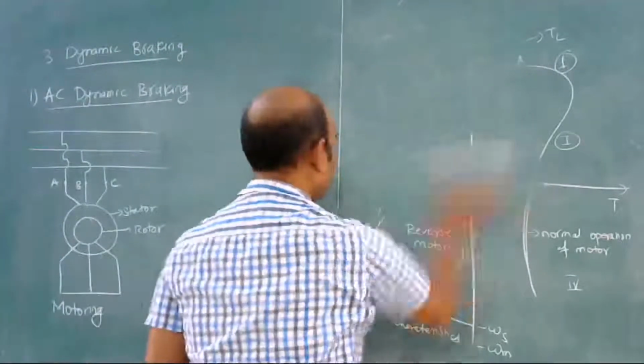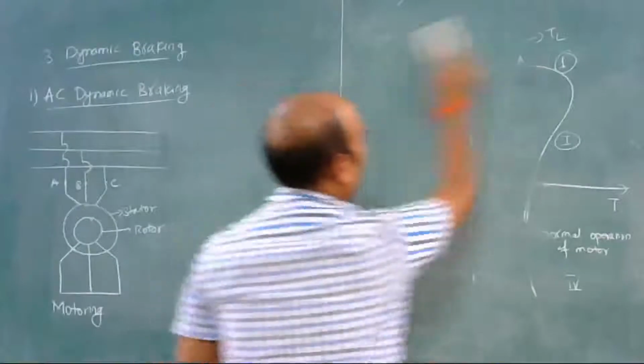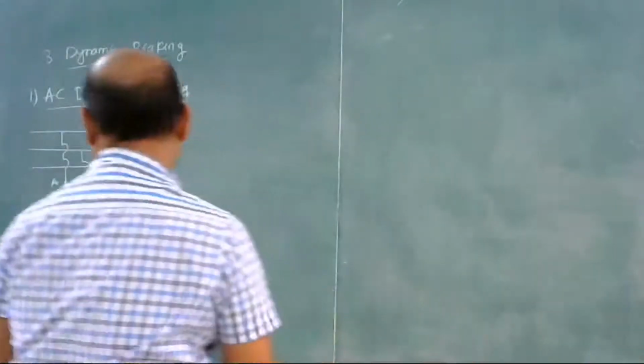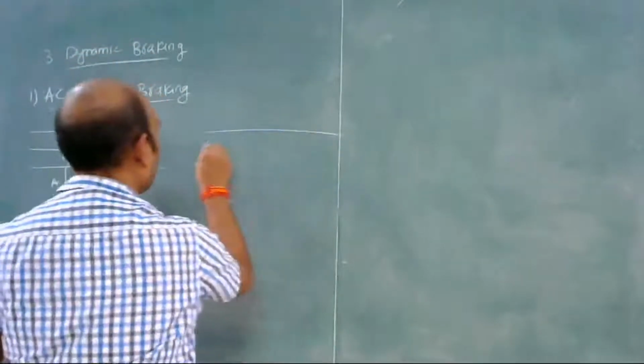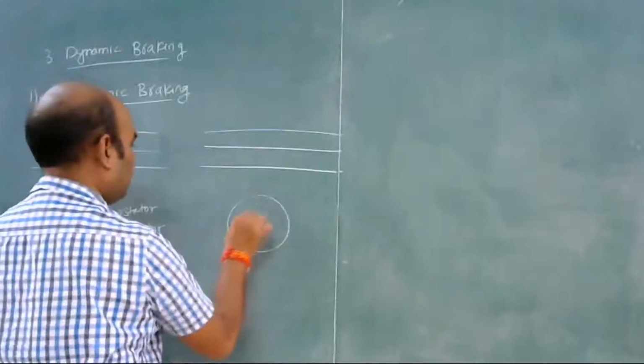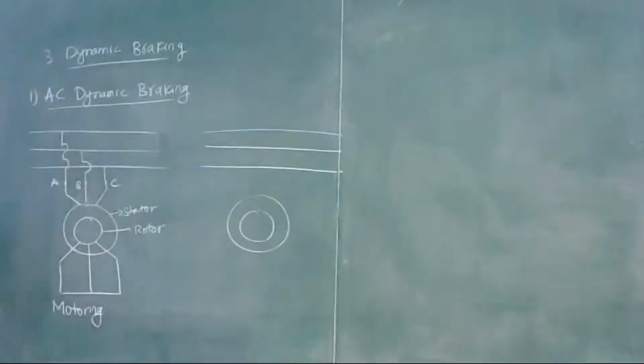So what we do in the case of AC dynamic braking is remove one of the phases of the induction motor.